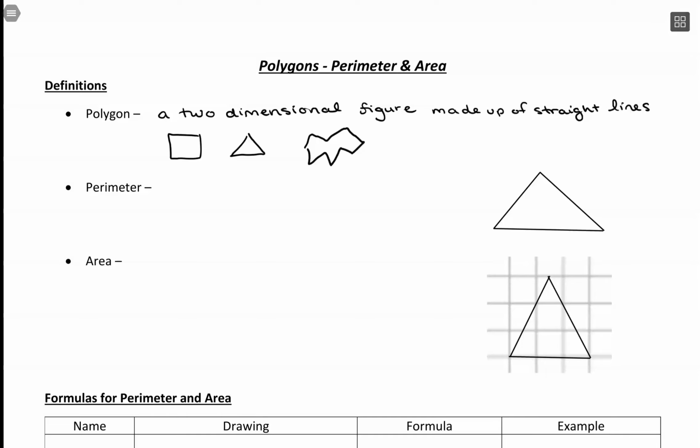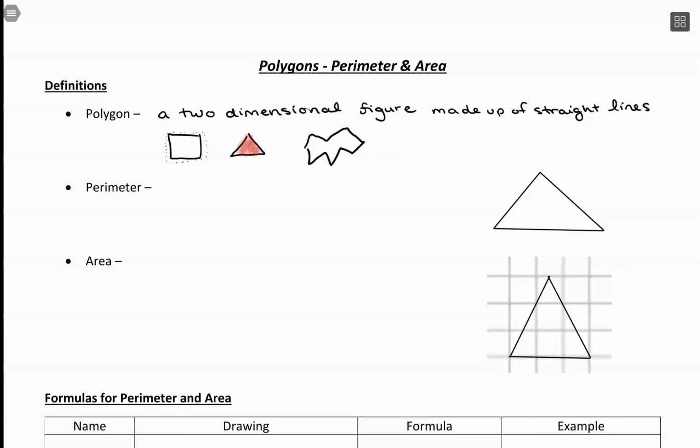With each of those shapes that I drew, we could think about measuring along the outside of it to see what's the length that's covered along the outside, which will be our perimeter, as well as what's the area being taken up by the middle of it. What area does it cover if you had a grid over it, or some sort of square measurements. With that, we can also find that with polygons.